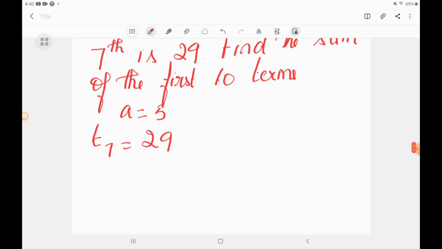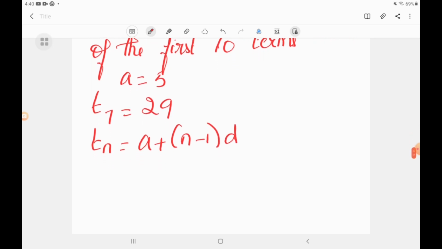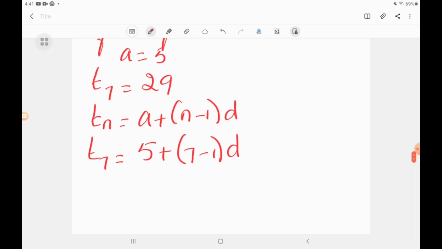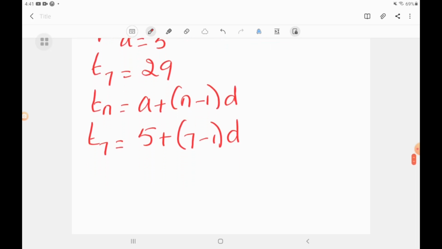In order to get the common difference, use the term formula Tn is equal to a plus (n minus 1) times d. So n is 7 here. Replace n with 7 and a with 5: 7 minus 1 times d. T7 is 29, so in the place of T7, we can substitute 29.